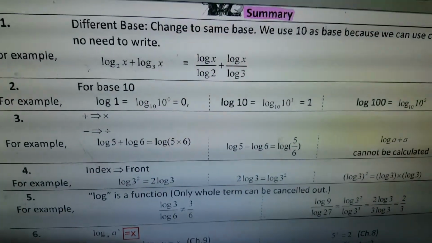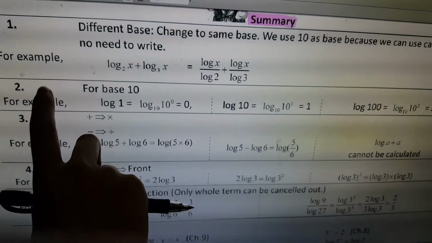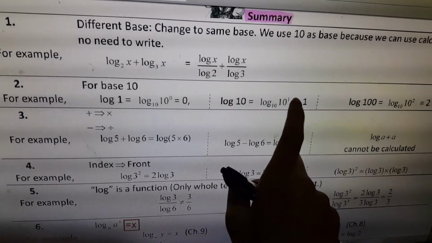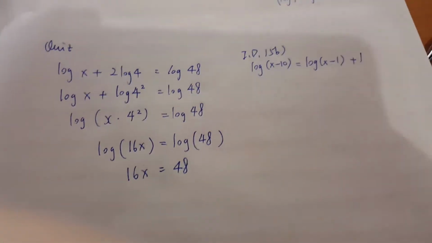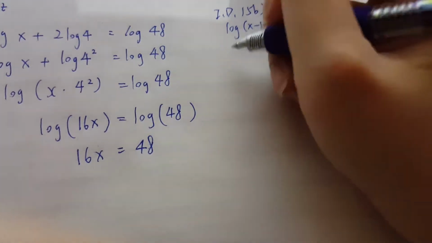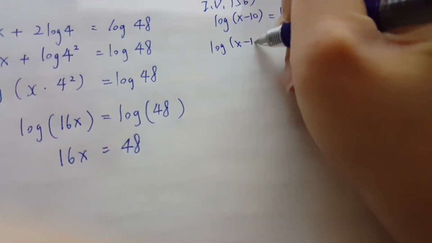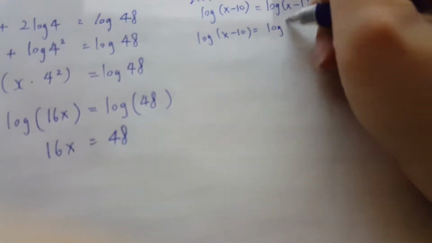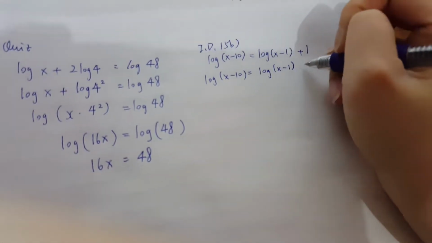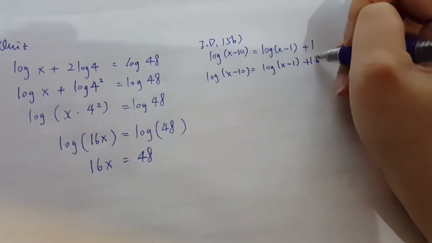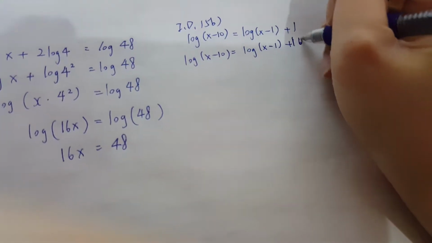So you have to use the summary root 2. Okay, log 10 equals to 1. So here we can change it to log 10.